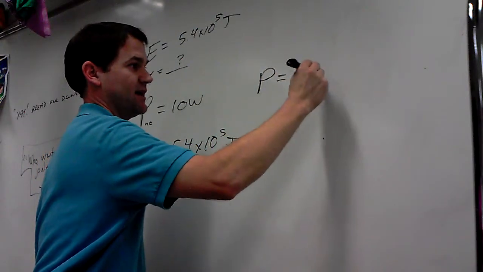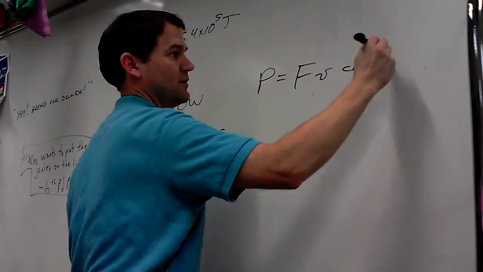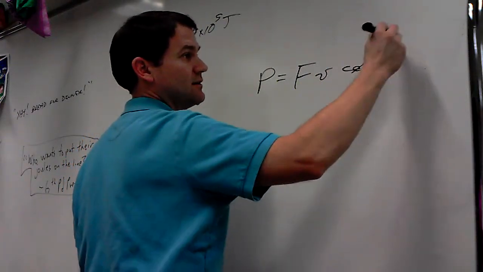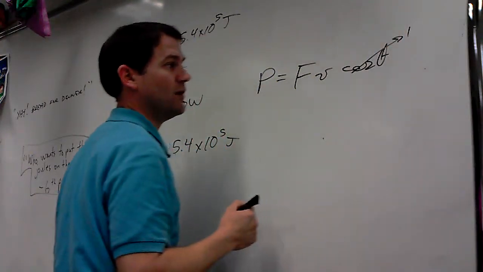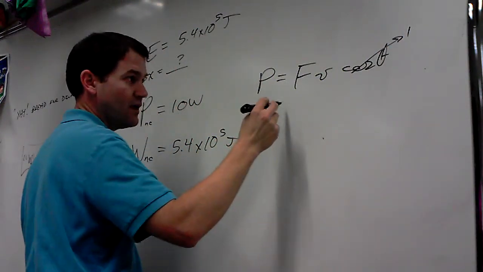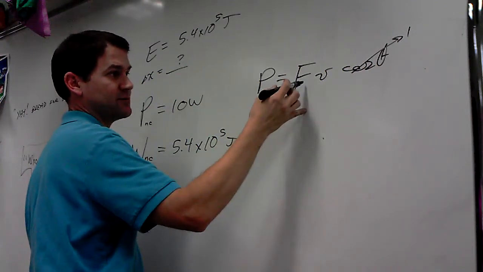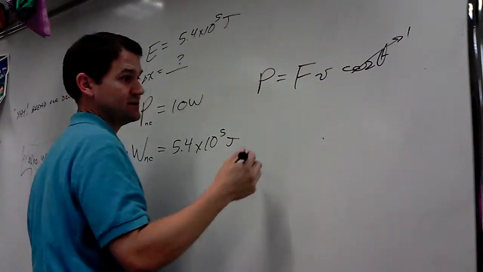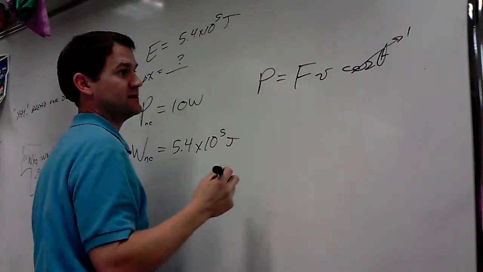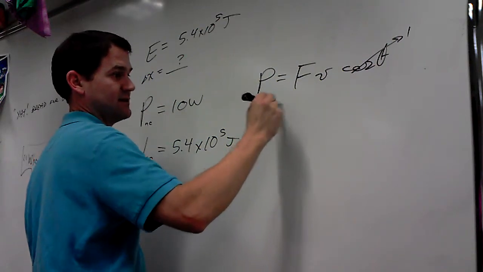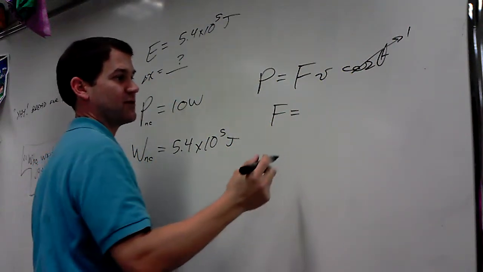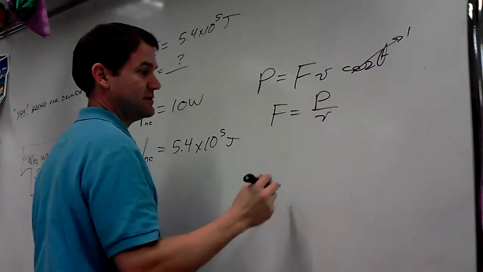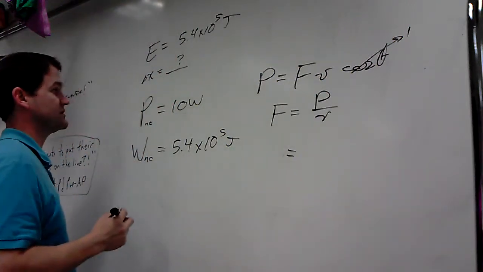If we're moving along horizontally, the drive force and the velocity vectors are collinear, the angle between them is 0, so cosine goes to 1. So the power is equal to the driving force, which is also equal to the non-conservative forces because they're balanced, times the land speed. So the driving force is the power over the land speed, which is what?